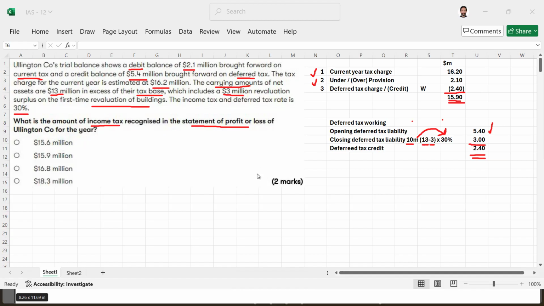Okay. You see, when we are calculating the value for the statement of financial position, we will include the revaluation part. But here we are trying to calculate the charge for the profit and loss. And the revaluation part is an unrealized gain. The value of the asset has increased, but only on paper.